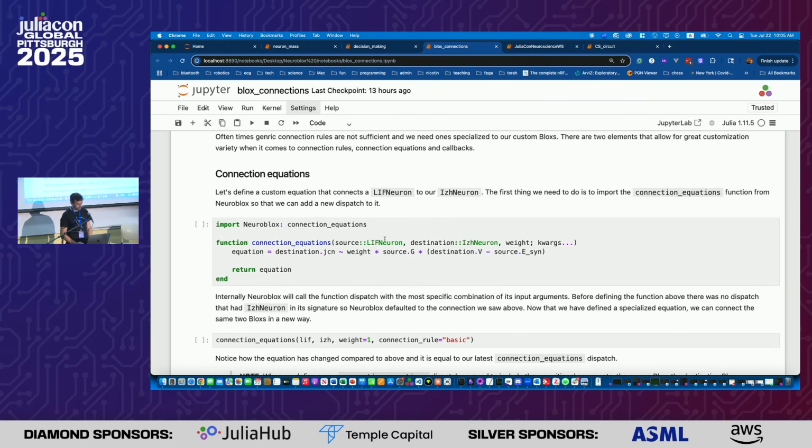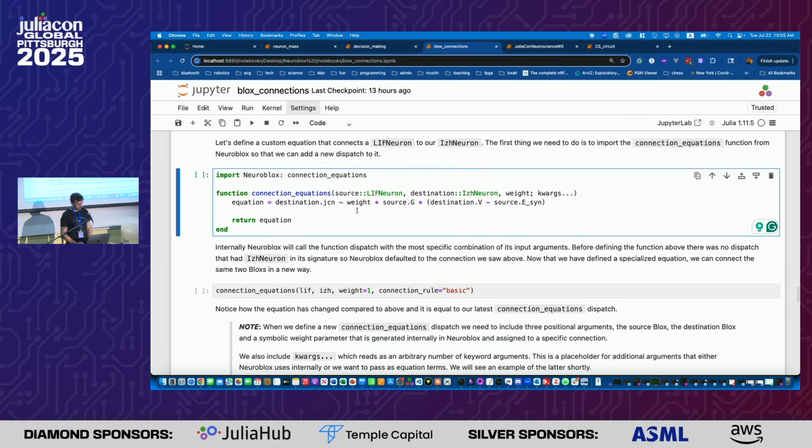You can also define your own custom connections by overloading this connection equations function. So basically you just define a source and a destination, and then usually you want a weight, and then whatever keyword argument parameters you might want for your specific connection type.